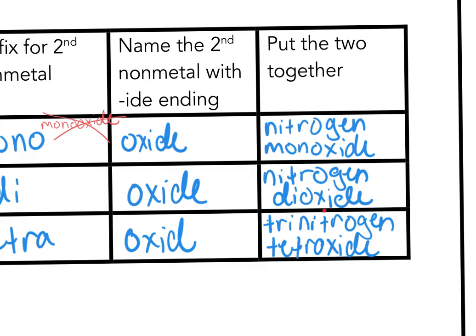So nitrogen dioxide. And then A's next to O's are also a little weird. So instead of trinitrogen tetraoxide, it's trinitrogen tetroxide. Oxygen is really the only one where we have to worry about vowels.